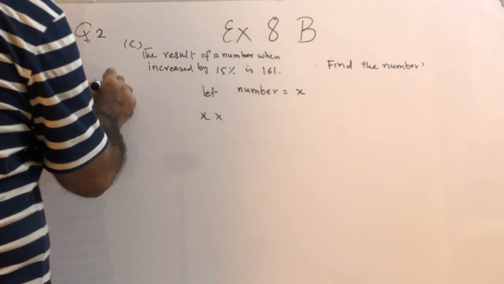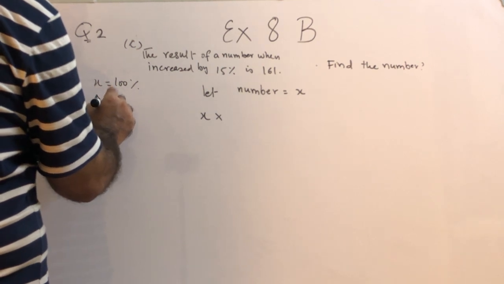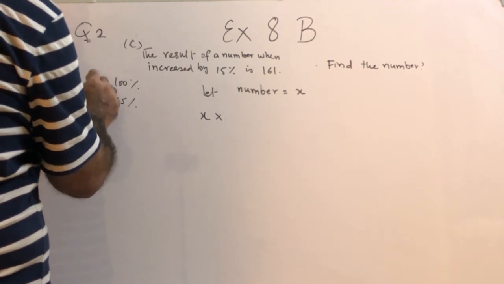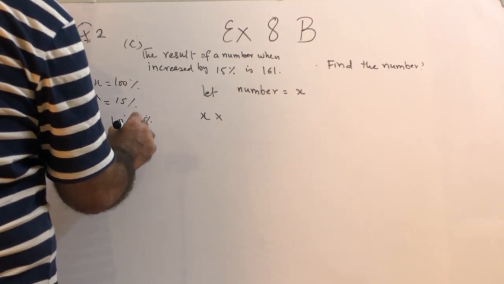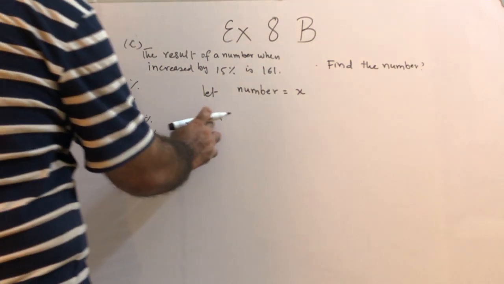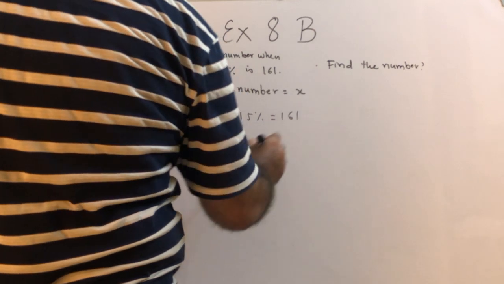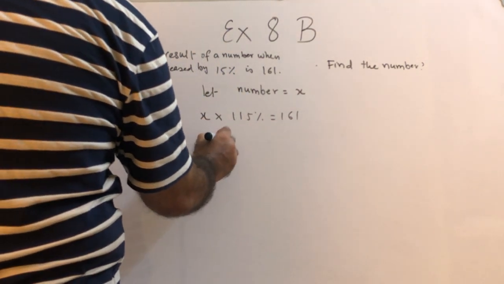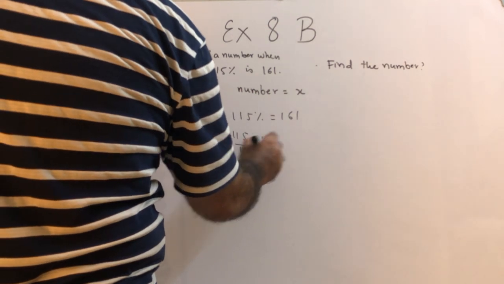The x is itself 100%. We need to make an increase of 15%. So it will be 100% plus 15%, which becomes 115%. So if we increase this by 115%, we get 161. So we need to find x. X into 115 over 100 is equal to 161.